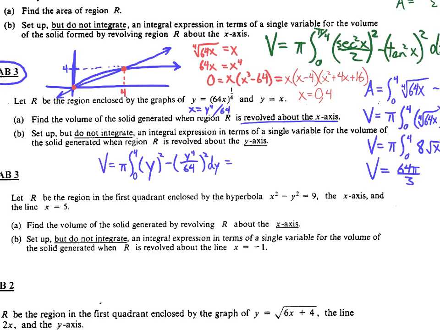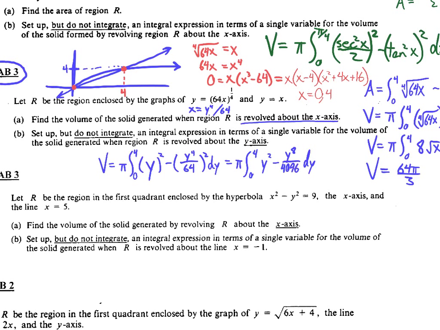So, if you want to simplify a little bit, you can. Integral from 0 to 4. That's going to be y squared minus y to the 8th over 64 squared, which is 4,096. Is that right?